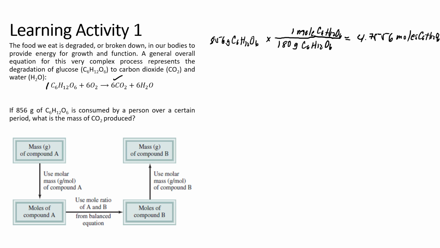Okay, so we have 4.7556 moles of C6H12O6 times, for every 1 mole, which is iisa lang kasi ang mole dun sa equation, 1 mole of C6H12O6, we have 6 moles of carbon dioxide.